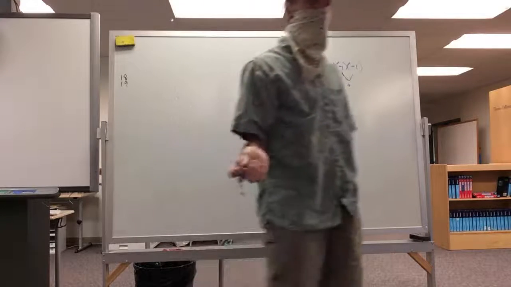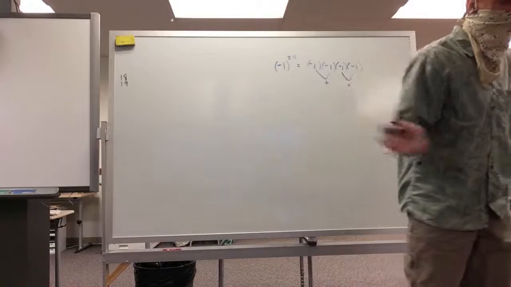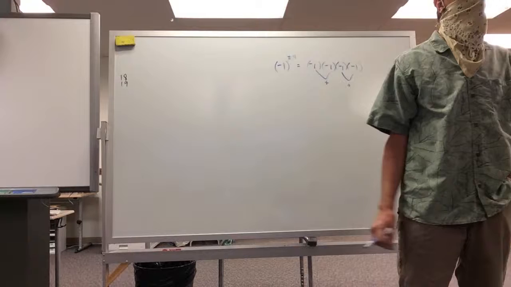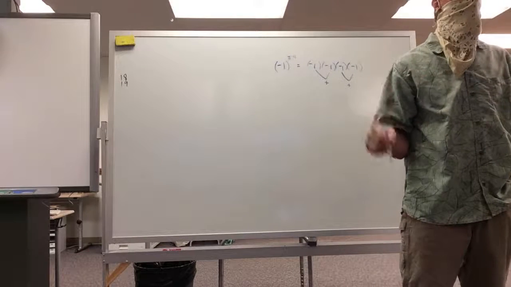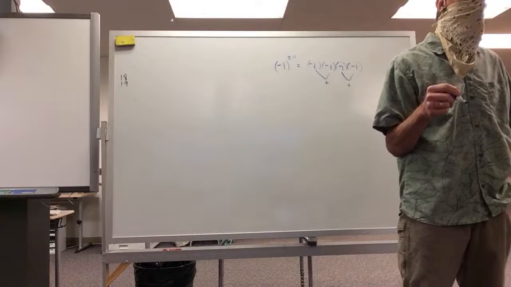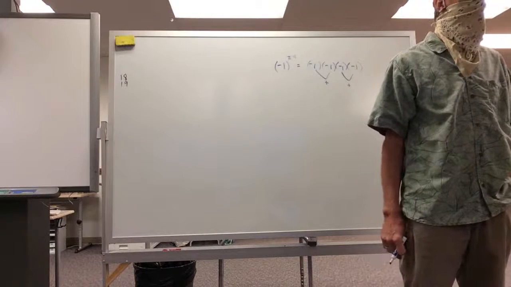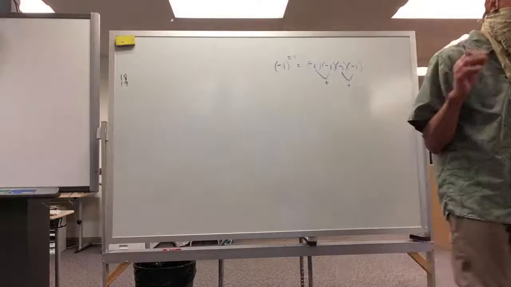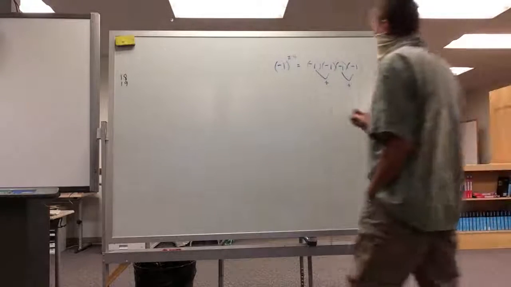The reason they show that to us is they want us to be able to look at a big long string of numbers being multiplied together, count up how many negatives there are, and say whether the answer is negative or positive. Then just do the multiplication as though they're all positive numbers and not worry each step of the way. For example, C is -1 to the 7th power.